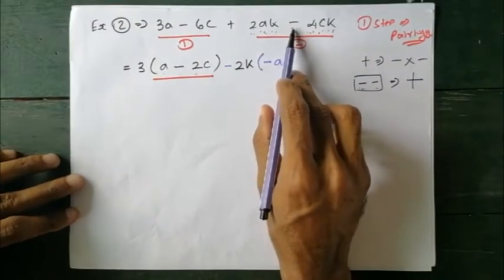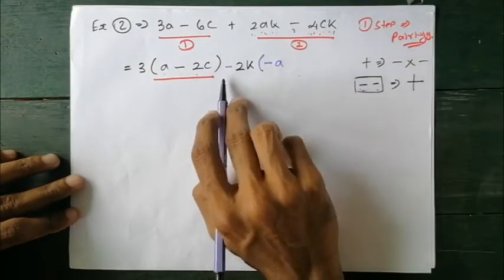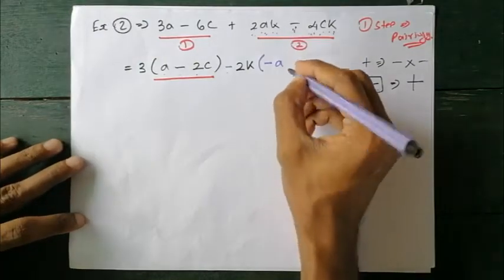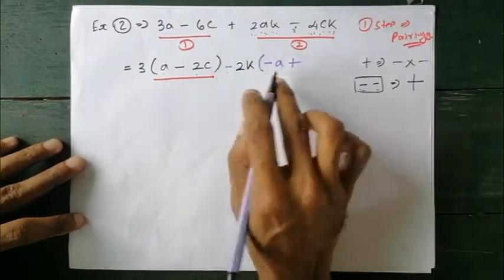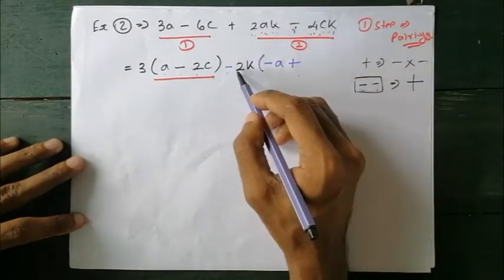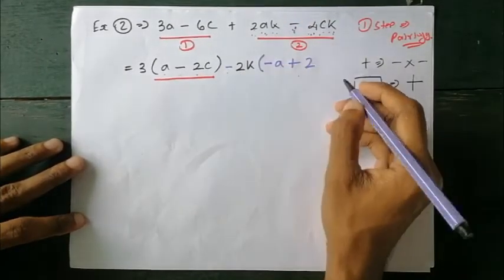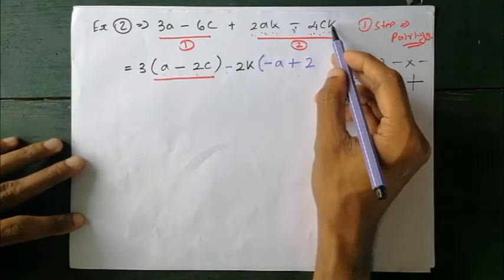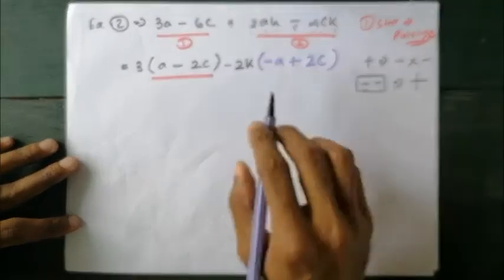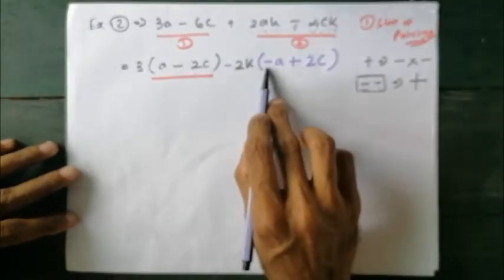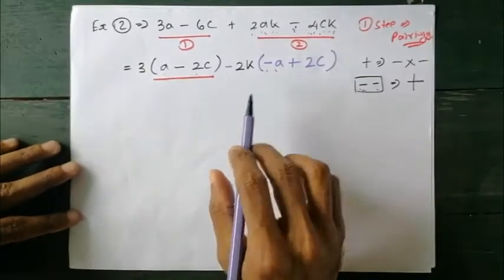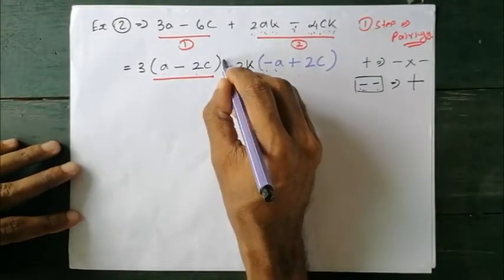If you take a minus from minus, we check like this. If you multiply it, your result will be minus. Minus into plus is minus. From 4 you take out 2, so the remaining is 2. You take k as a common term, so the remaining is c. If you check the result, minus a 2c, it's not common.